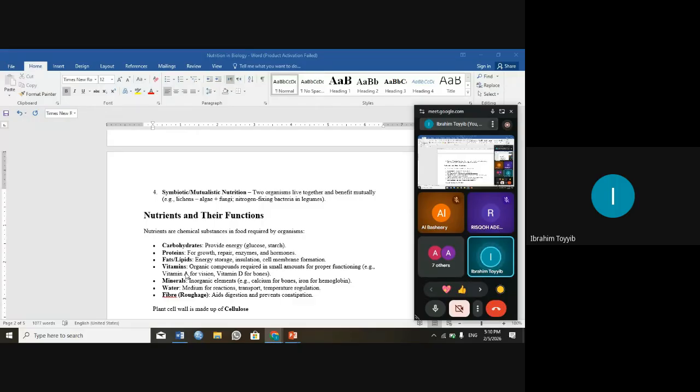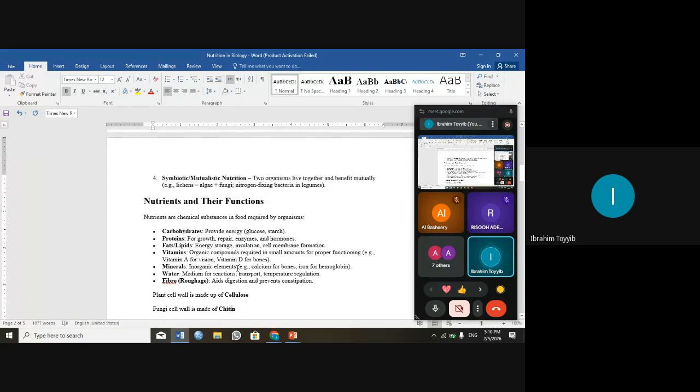We also have vitamins. They are organic compounds required in small amounts for proper functioning. For example, vitamin A is for vision and vitamin D is for bone formation. Sources of vitamin D include milk, meat, bone meal, like that.